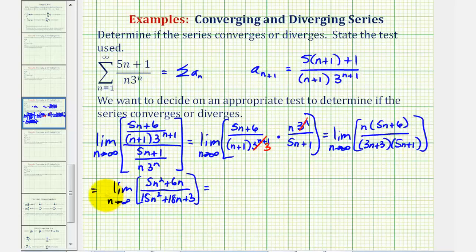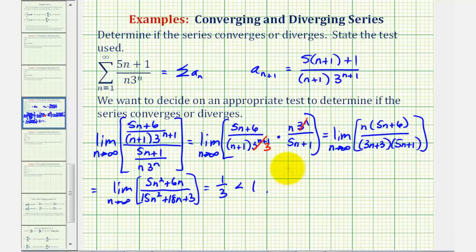Notice the degree of the numerator and denominator are the same, and therefore this limit is equal to the ratio of the leading coefficients, which would be 5/15 or 1/3. Which is good news because this is less than 1, and therefore by the ratio test, the given series converges.